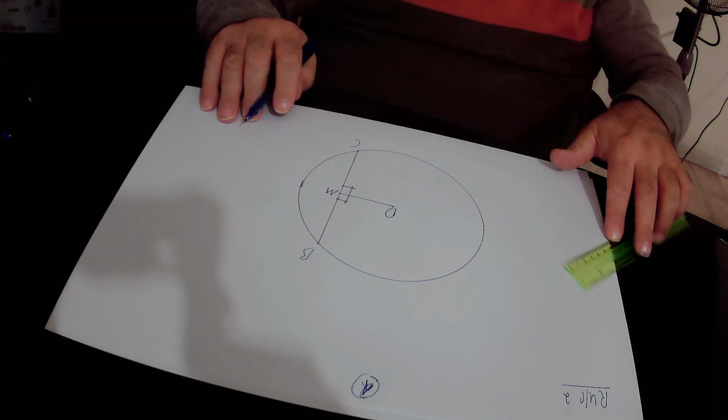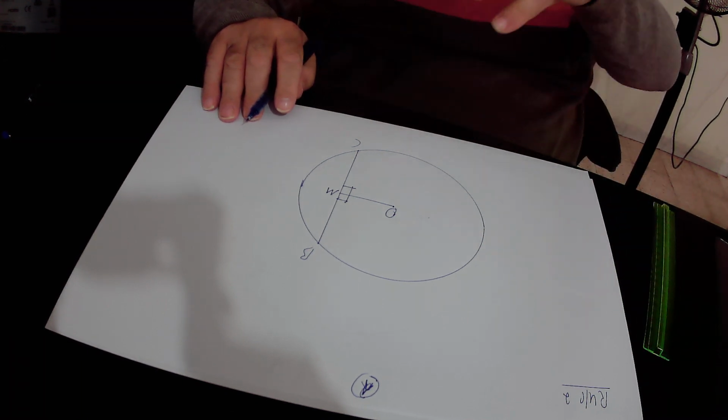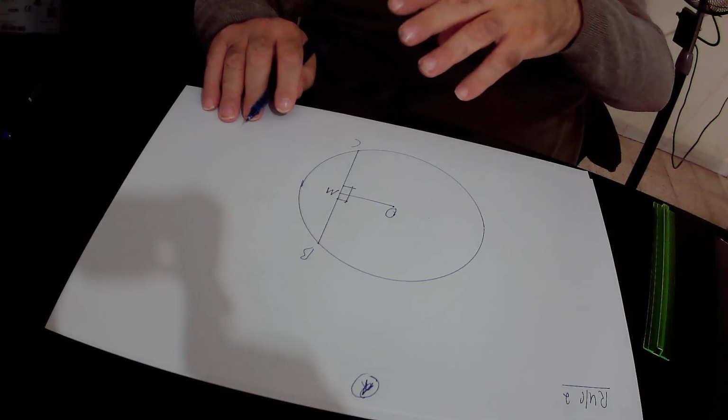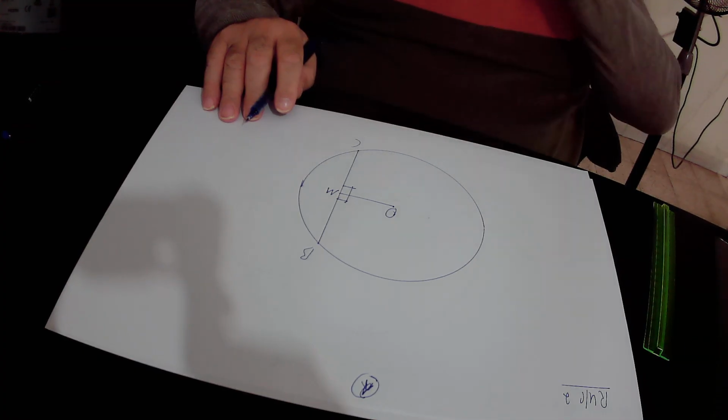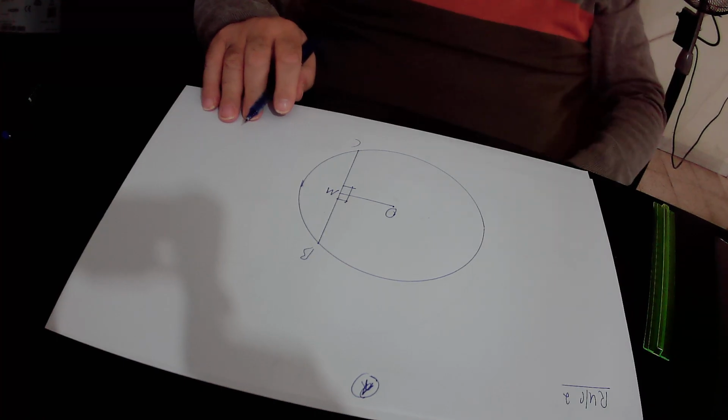And rule number 2 states that a perpendicular from the center of a circle to any chord bisects the chord. So I write it down.